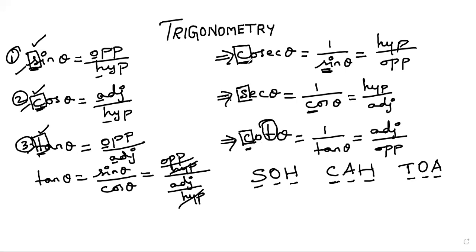We don't have T in cosecant, isn't it? So for cot, you should go with tangent T. For T, you should match T. Am I clear? So cosecant starting letter C, you should match with S, sine. For secant S, you should match with C, cos. For cot, there we are having T. For this T, you should match with tangent.